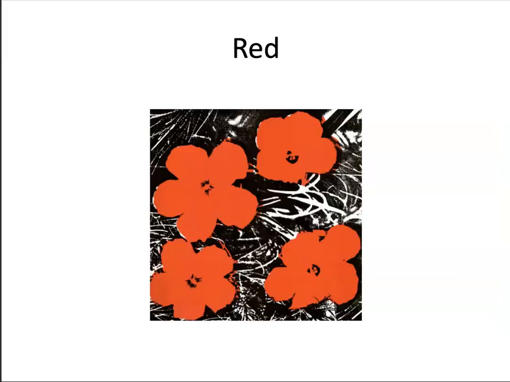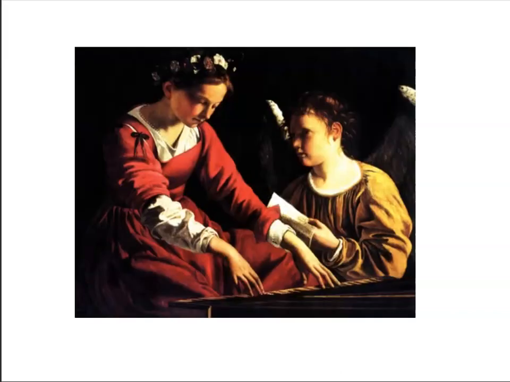Okay, so let's talk about the meanings of colors. Red is a color of extremes, in that it is the color of passion, of love and seduction, but also violence, danger, anger, and hell. It's the color of blood. It's the color that is bold.